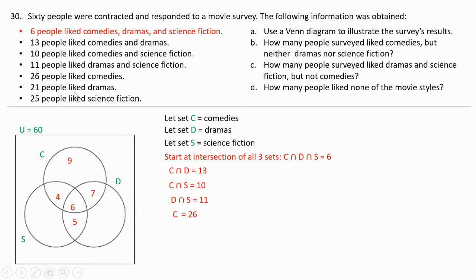Now, 21 people like dramas. All of this must be 21. So we have 5 and 6 is 11, plus 7 is 18. 21 minus 18 is 3. And how you can keep checking your work, guys, is that all of set D, which is dramas, must equal 21. And now 25 people like science fiction, so all of this set must be 25.